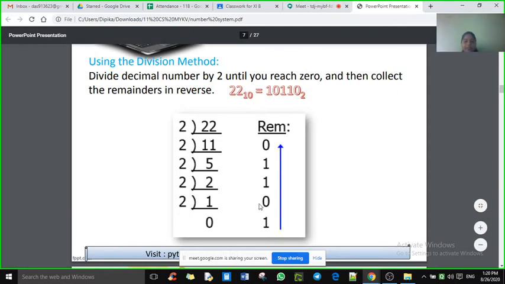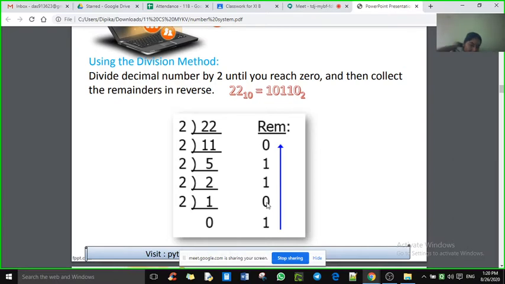And the remainder will be 0. Now you are dividing 1 by 2. What will be the result? 0. And the remainder will be, Jasmine? Ma'am, 1. So this is about the conversion.